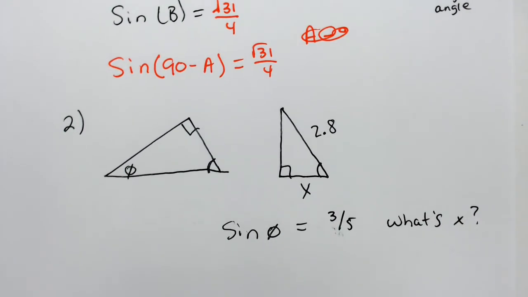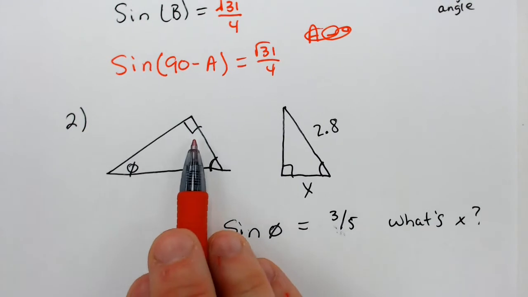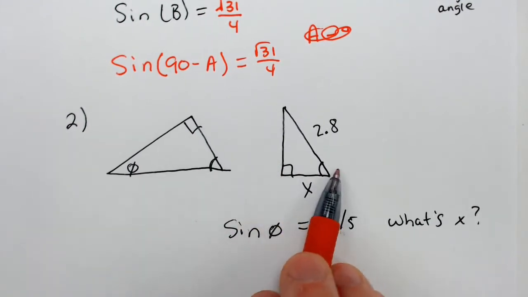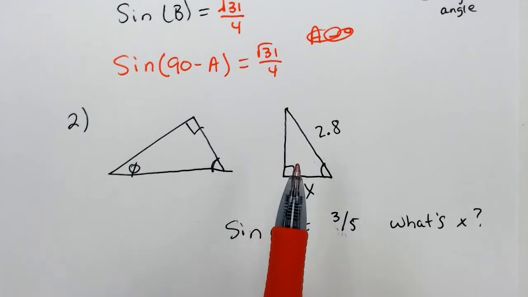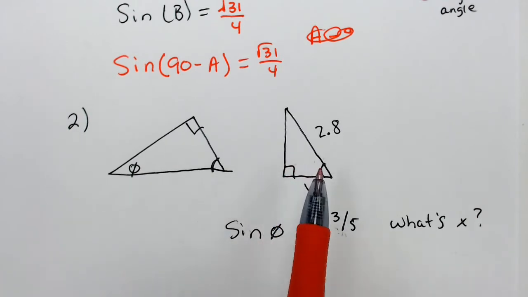This is incorporating trig and similarity together, because we have angle-angle similarity here, which means these two triangles are identical in terms of angle measurements and therefore are proportional with some sort of scale factor.